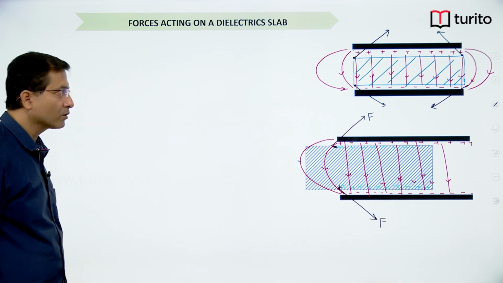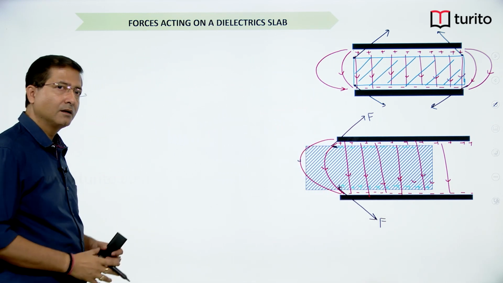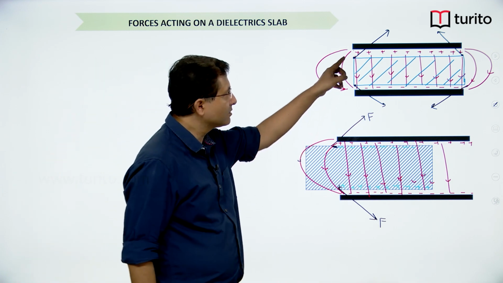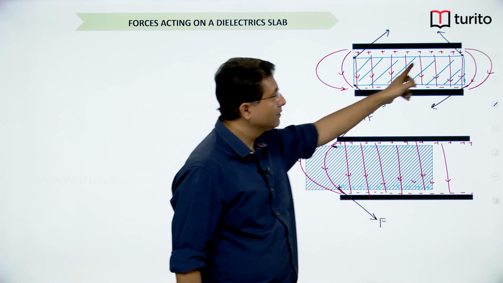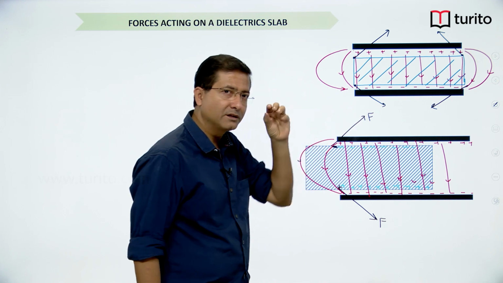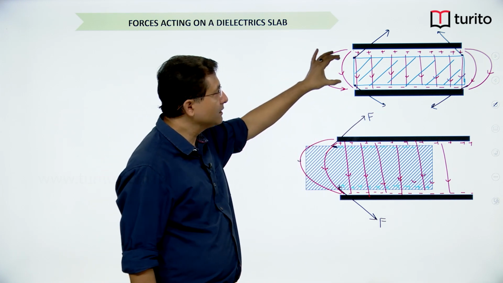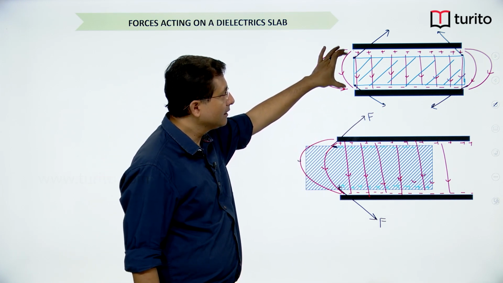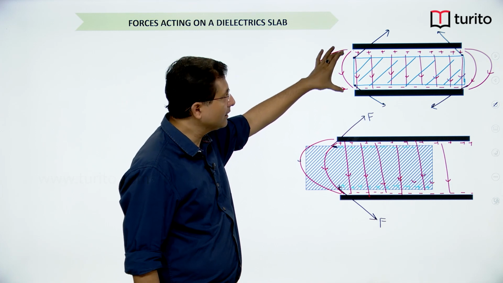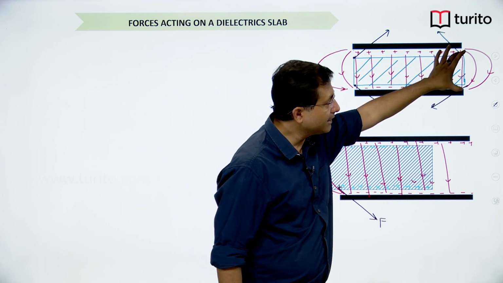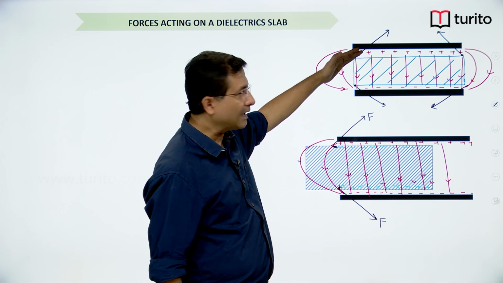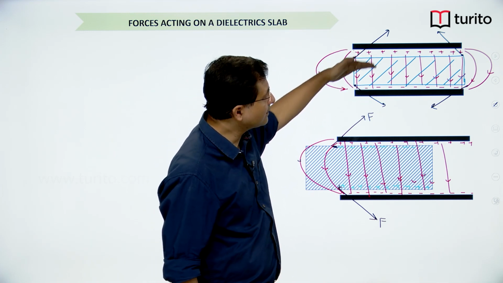So, I hope the whole concept is clear. At the edge, field lines will bend, this is called the fringe effect. Because of the fringe effect, at the opening, the slab starts experiencing force towards the gap.